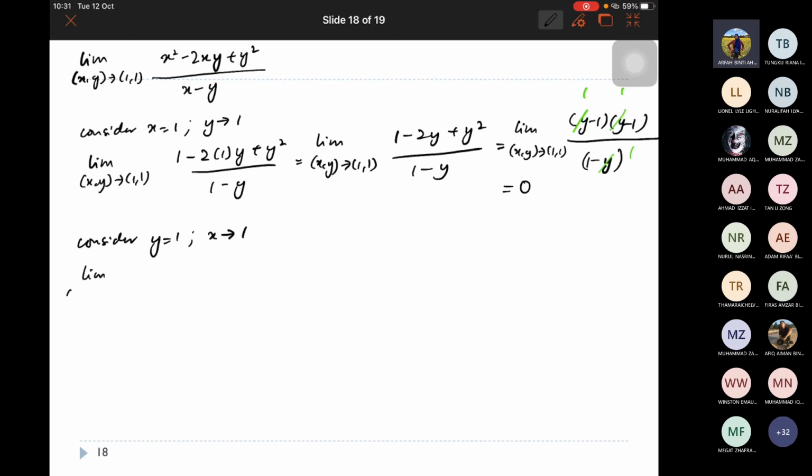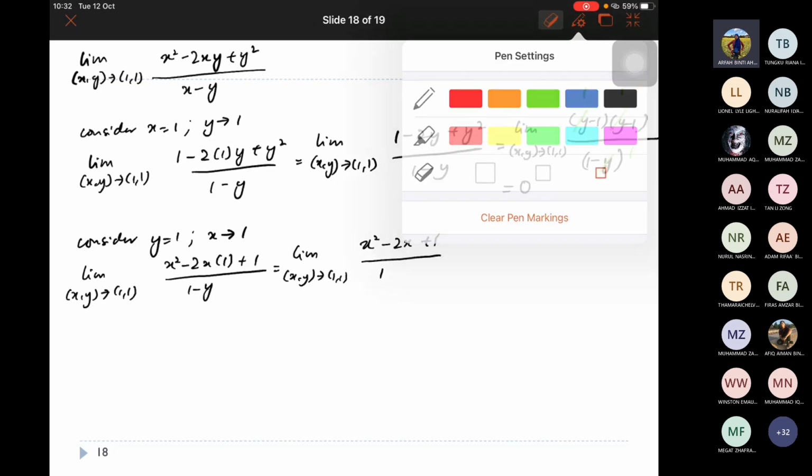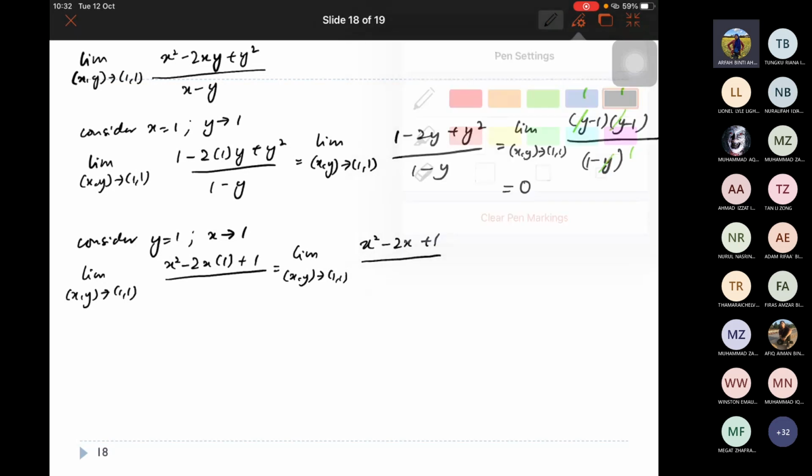So we get the limit of xy approaches 1, 1 akan sama dengan x kuasa 2 minus 2x plus 1 over 1 minus y, akan sama dengan x squared minus 2x tambah 1 per y tolak x, tolak y pula, x tolak 1 over x minus 1.